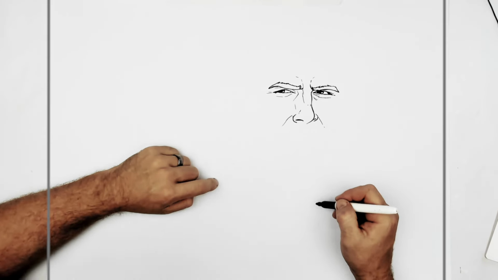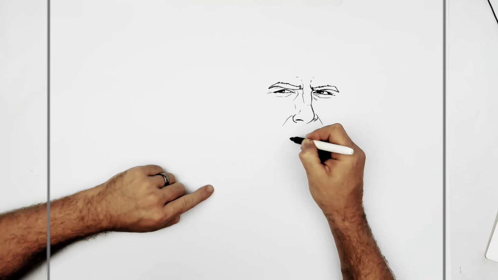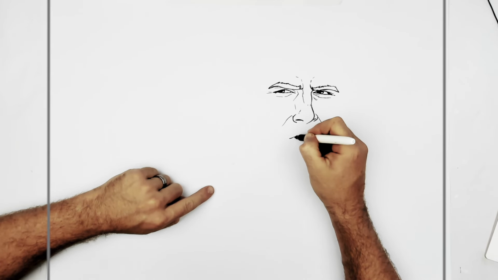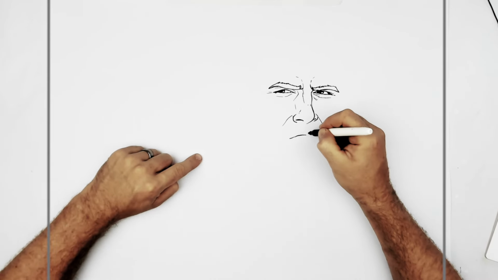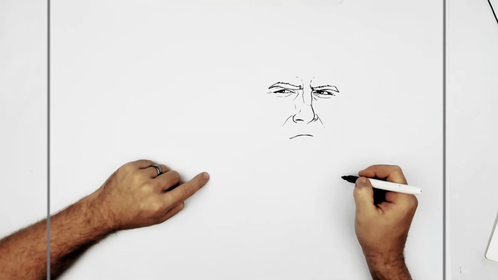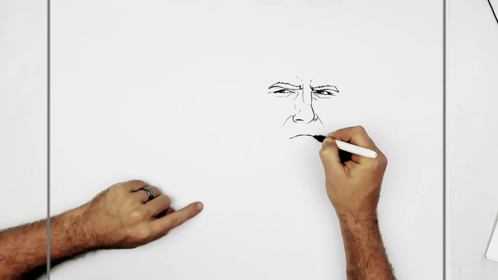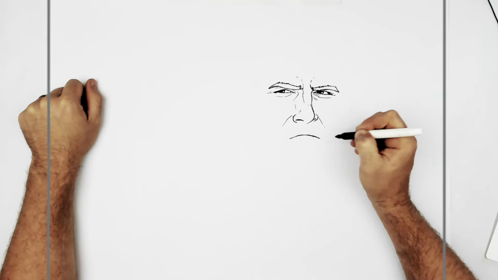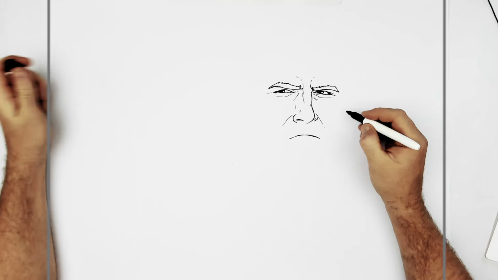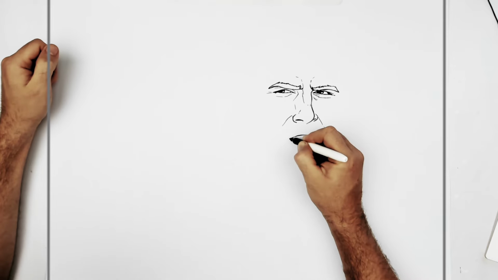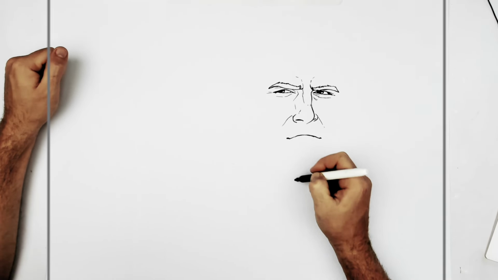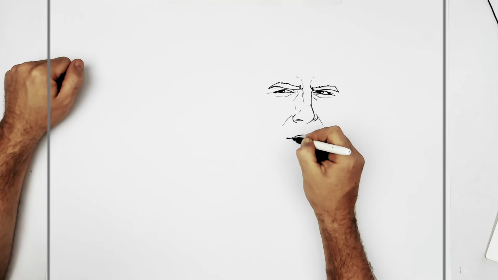Okay, so his mouth is kind of open and we can see his teeth in there, right? So we just go up and sort of over the top teeth. Right, so it just looks like his mouth is closed there at the minute, but we'll open it up, do the bottom line.